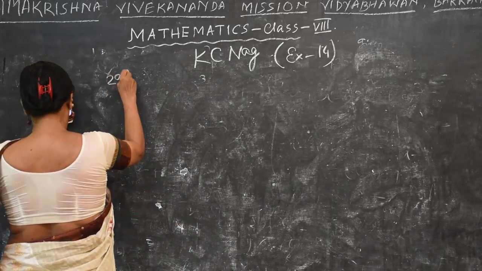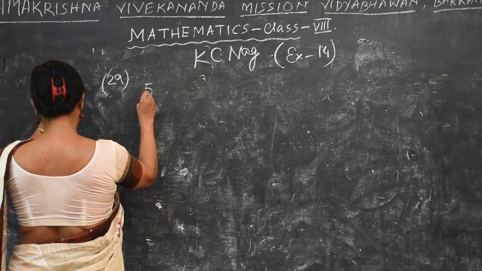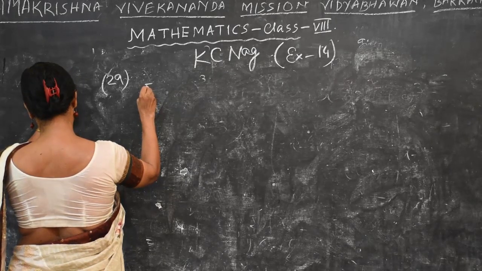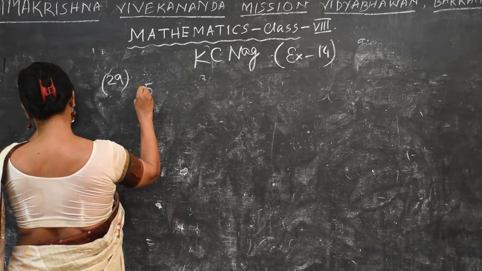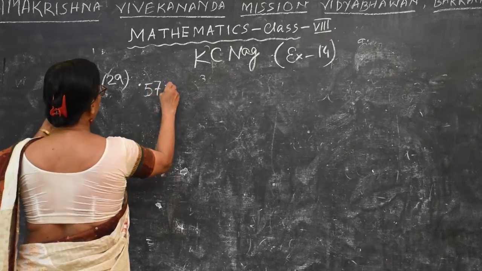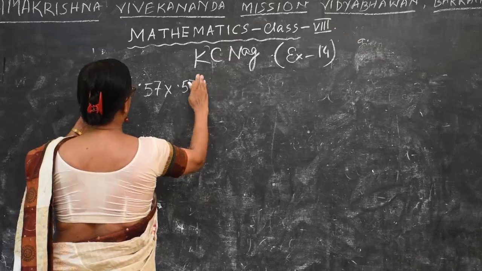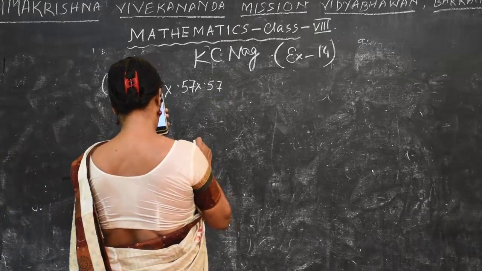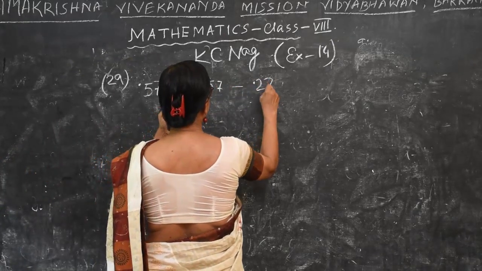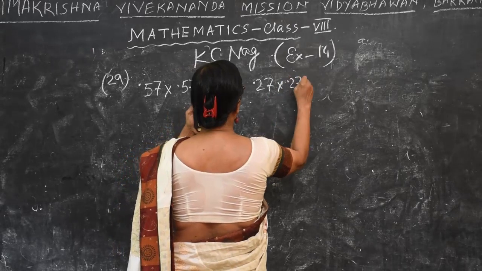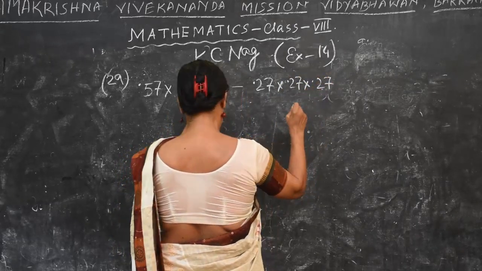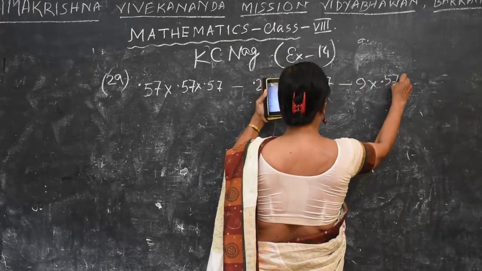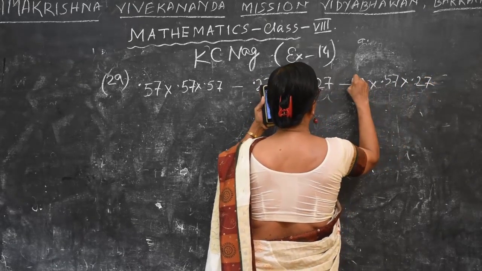It is a 29. 29 is 57. It is 0.57, most probably 0.57. 0.57 into 0.57 into 0.57 minus 0.27 into 0.27 into 0.27 minus 9 into 0.57, 0.27, it is the 0.9.